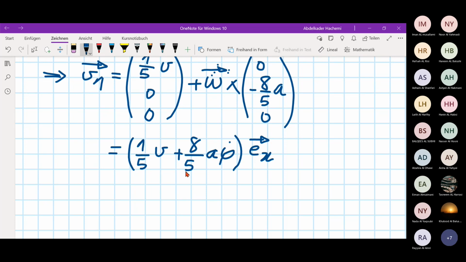Okay, now this is the absolute value of the velocity or the amplitude.